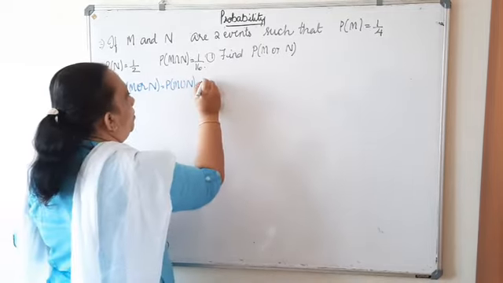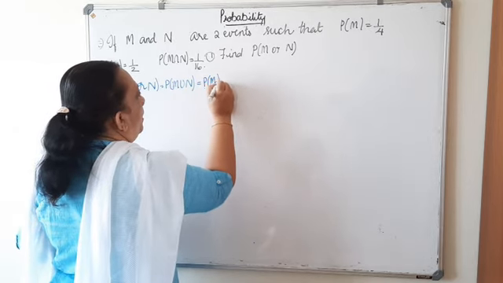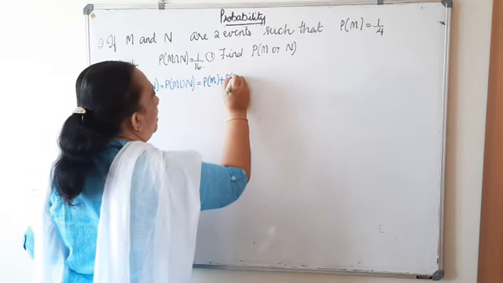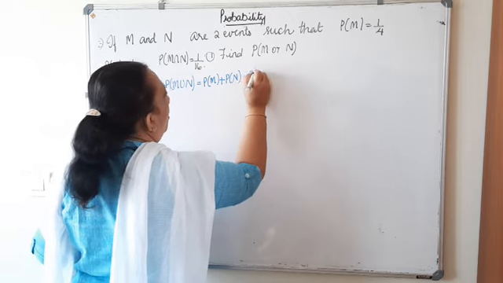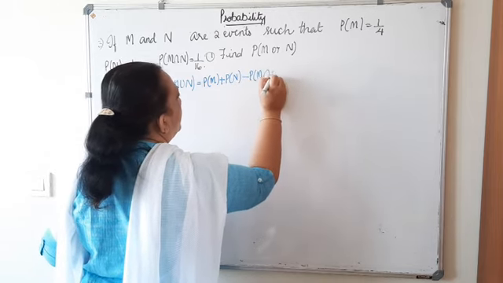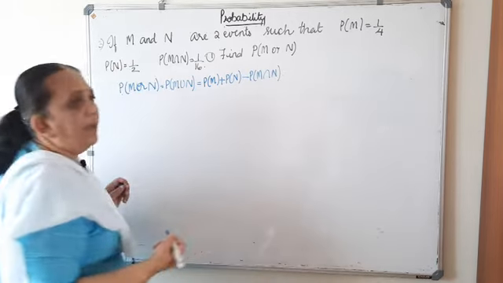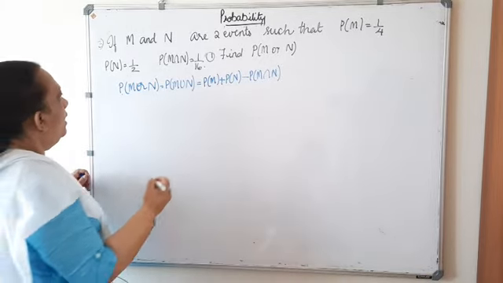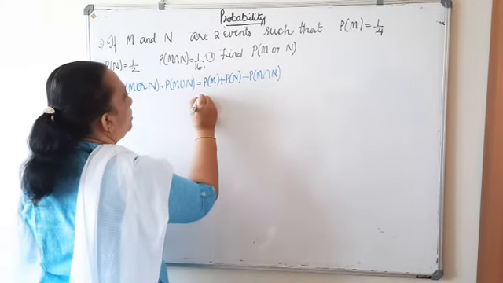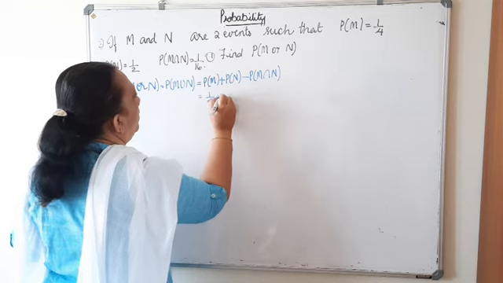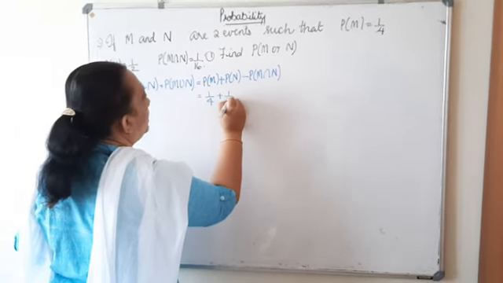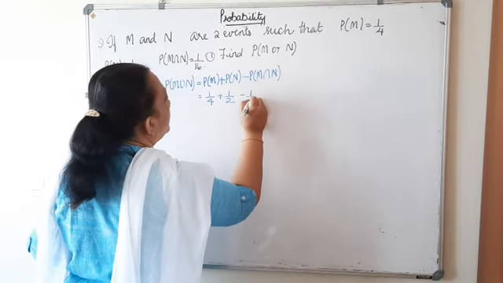It is equal to P of M plus P of N minus P of M intersection N. And all these values are provided in the question. P of M is equal to 1 by 4 plus P of N 1 by 2 minus 1 by 16.